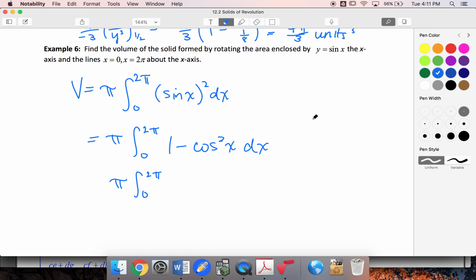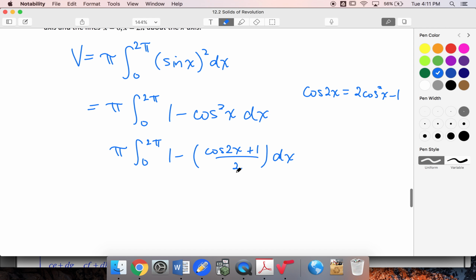So I know that cos 2x is 2 cos squared x minus 1. So cos squared x is cos 2x plus 1 divided by 2. So cos 2x plus 1 over 2 dx. And now this is something I can integrate.